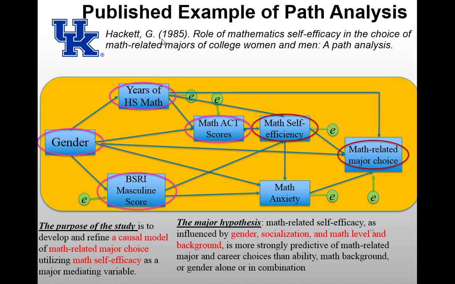So it has to go through the mediation of math self-efficacy, then you can see a stronger predictive path.